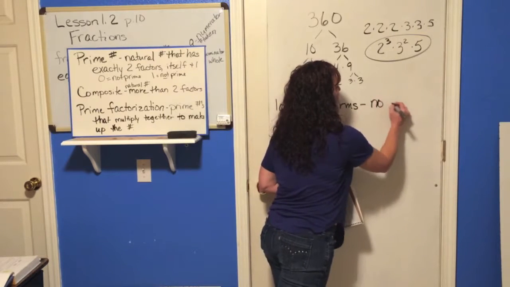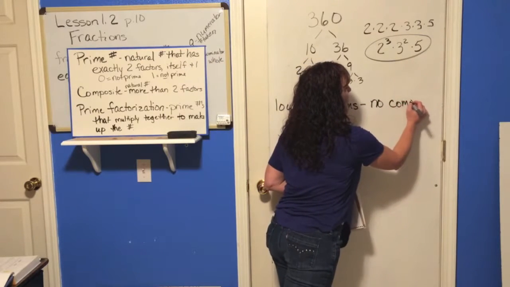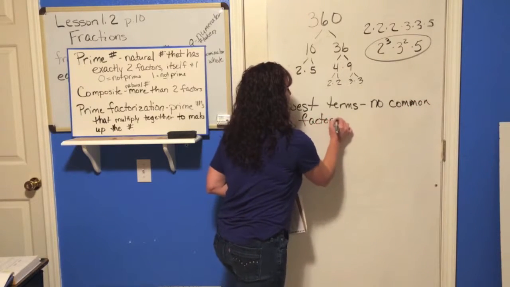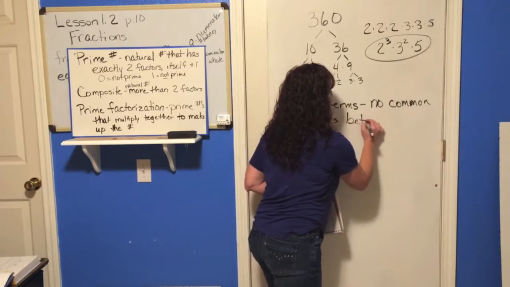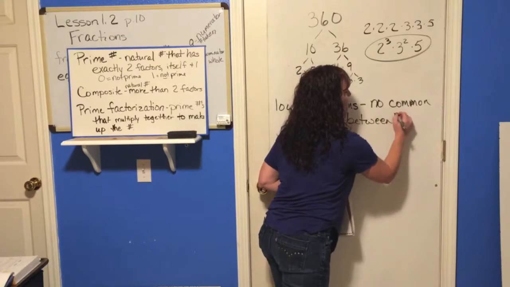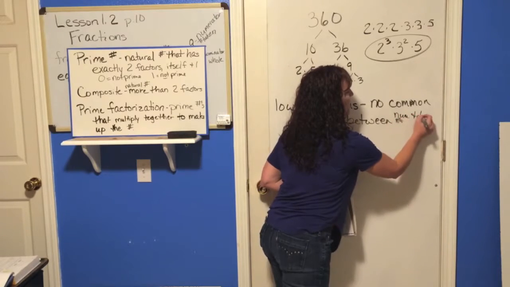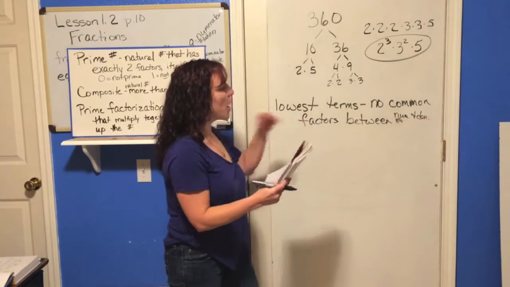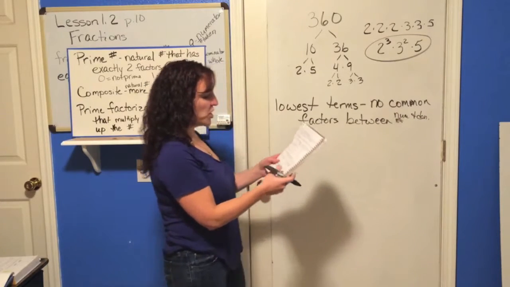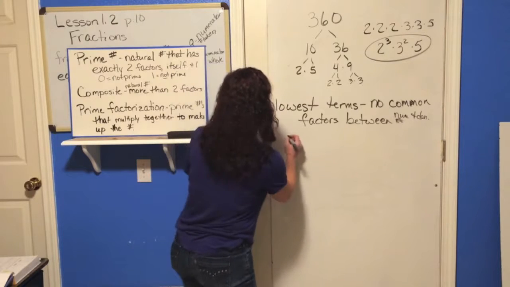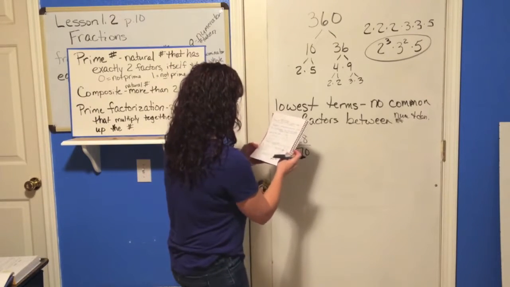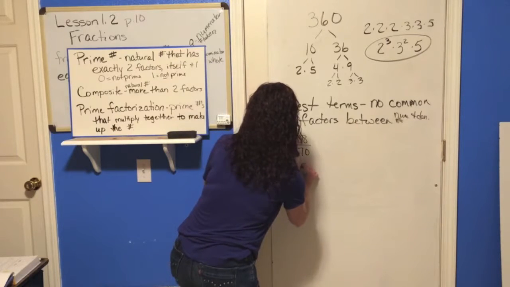So no common factors between numerator and denominator. All right? So if there's no common factors between the numerator and the denominator, then you have a fraction in lowest terms. The way you're going to do this, let's do this one and do this one.